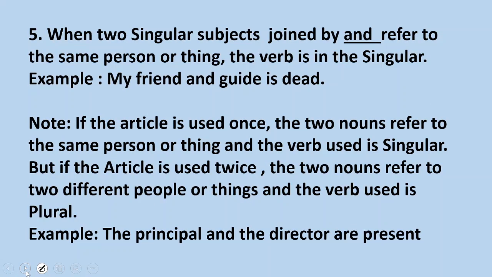Number 5. Now there is a little difference here. When two singular subjects joined by and refer to the same person or thing, the verb is singular. For example, my friend and guide, that is, my friend who is also my guide, you have to put a singular verb.